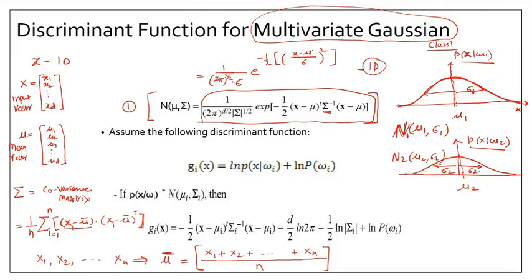When you talk about this mu in case of 1D, this is a simple number. This small x is also a number. So we are talking about only one feature here. Now here there is a list of features at the bottom of your screen. So this way we calculate the mean vector.